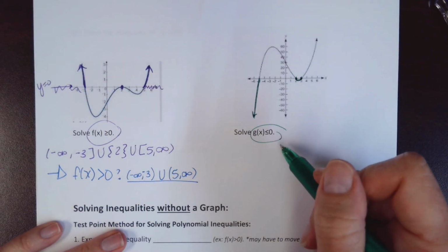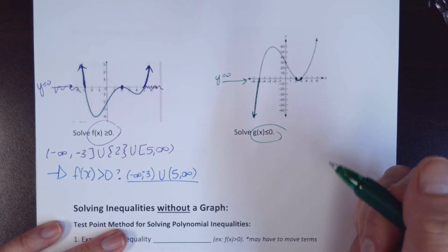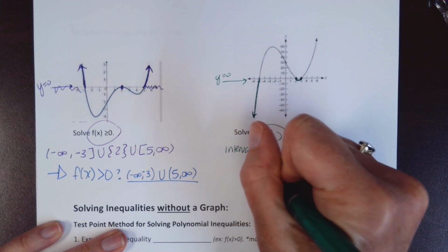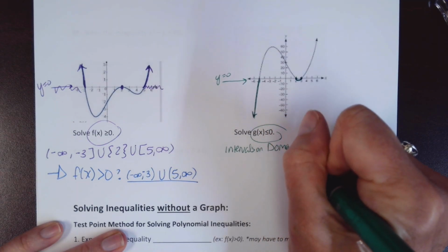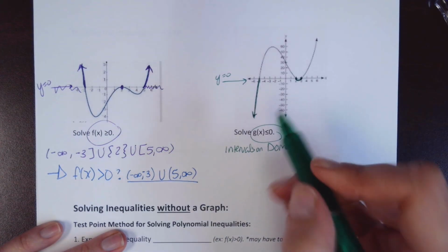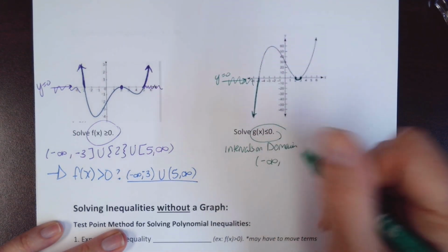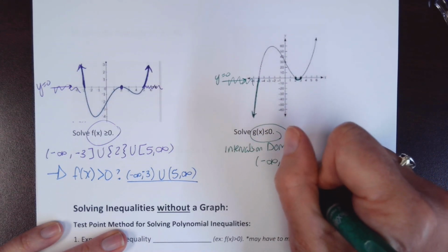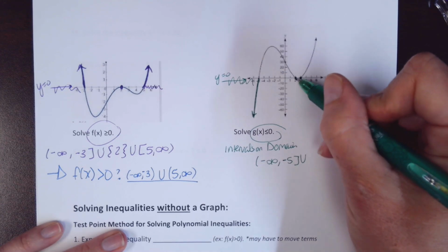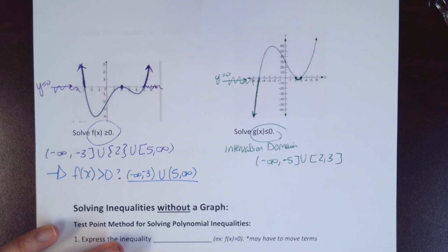So intervals on the domain compared to 0, y equals 0 there. We're giving the interval on the domain where the function value is negative or 0. Well, this interval, that's true. So negative infinity up to and including -5, or, and then it looks like that whole thing dips down right there, so that's going to be from 2 to 3 on the domain.